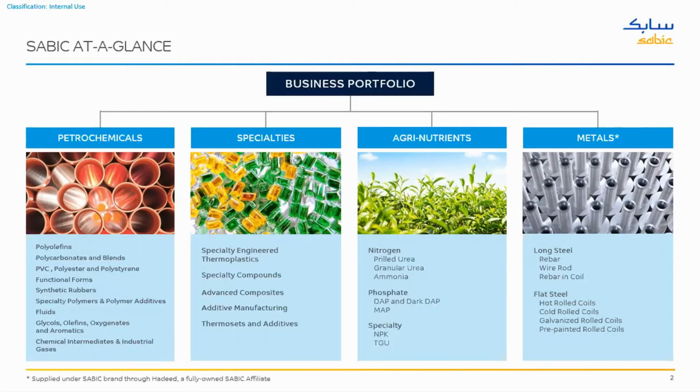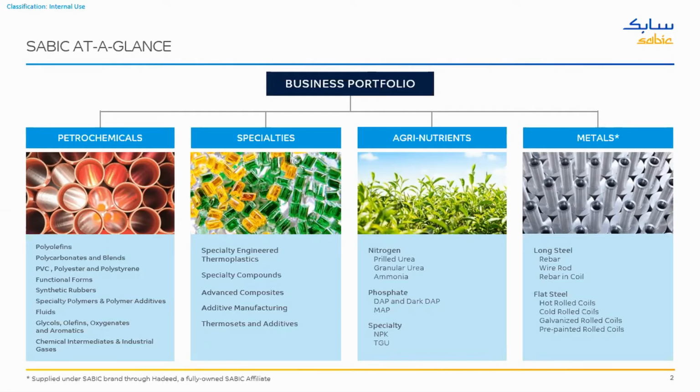The major part of it comes from petrochemicals and specialty. I belong to the specialty division, which is mainly working on developing specialty resin portfolios for advanced demanding applications across the consumer electronics, mass transportation, and healthcare segments.